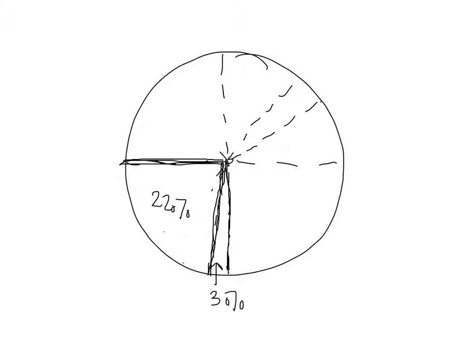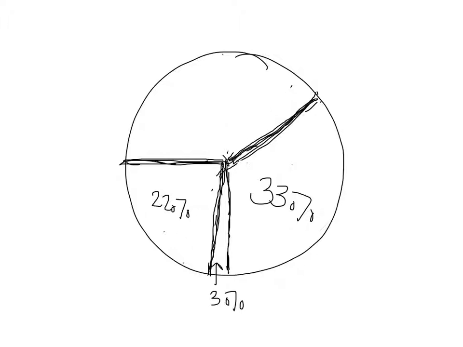So roughly right about there, I'm going to draw in, and I would have 33%, so I'm going to erase some of my dotted lines. I'm just doing estimation to get through these. And then the remainder, if I erase my little dotted lines, that's going to be our 42%.